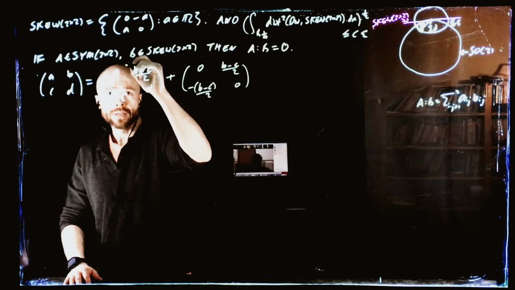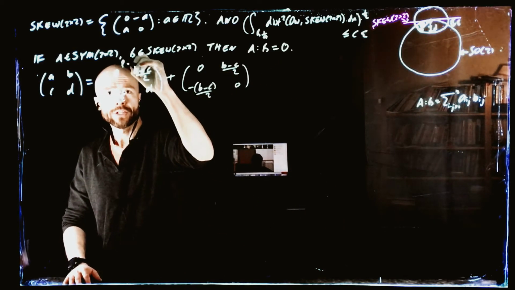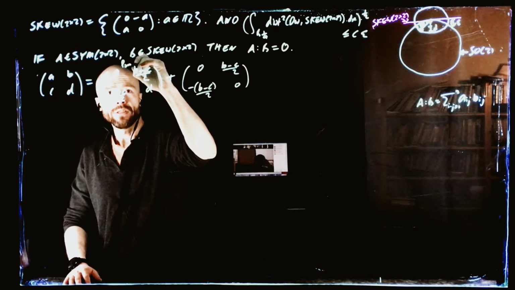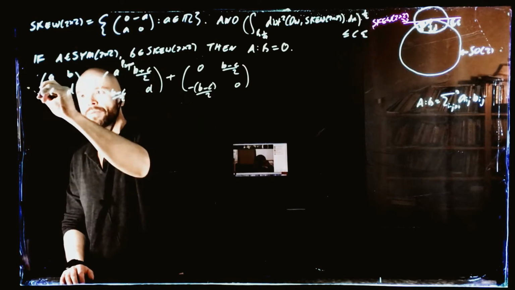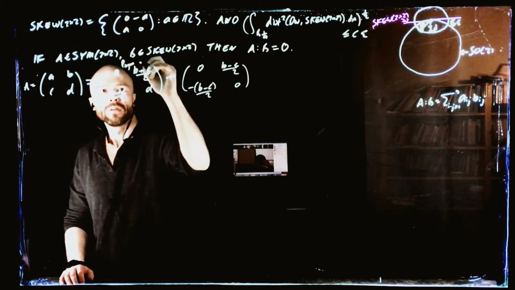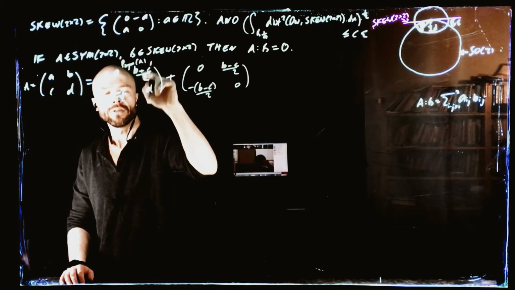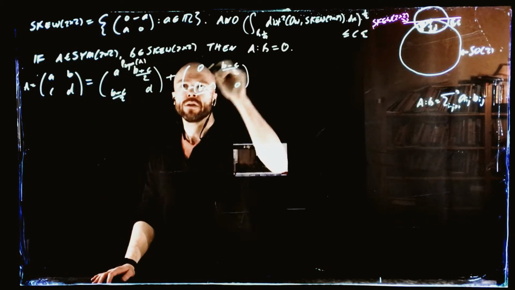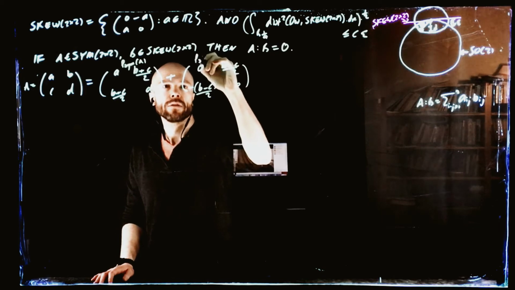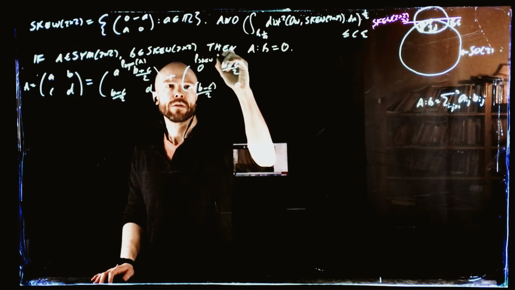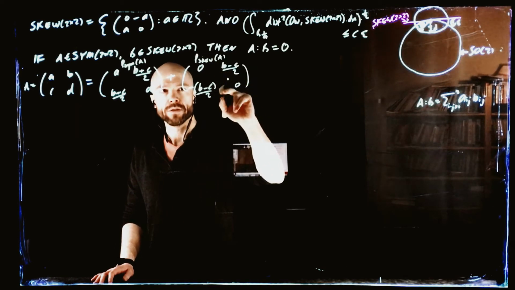So we're going to call this thing the projection onto the symmetric matrices. Let's call this matrix A. This guy is the projection onto the symmetric matrices, and this guy is the projection onto the skew-symmetric matrices, like this. And they're orthogonal projections.